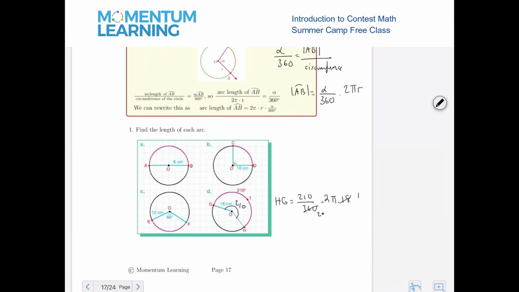So that means HG is going to be equal to 21 pi. We don't ask them to multiply with pi. We just leave it in terms of pi, unless the question specifically asks for it.